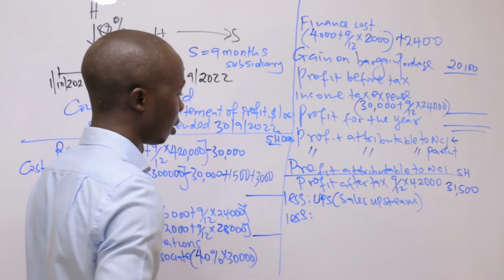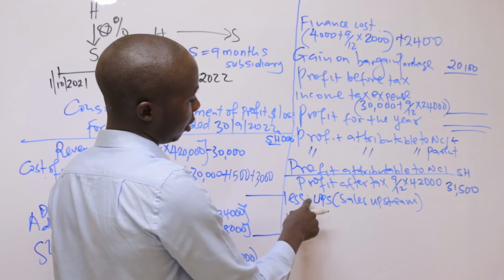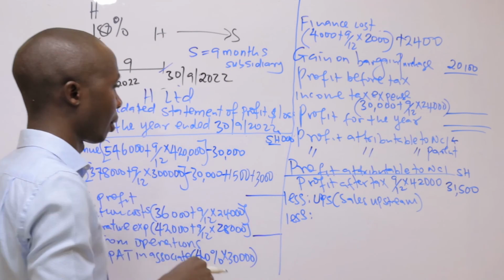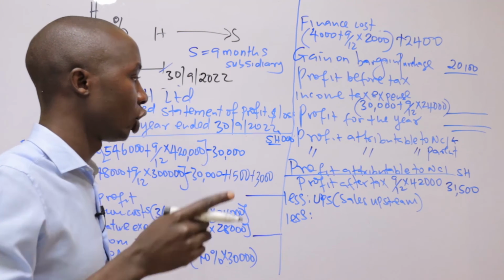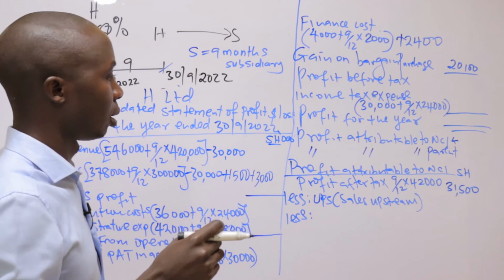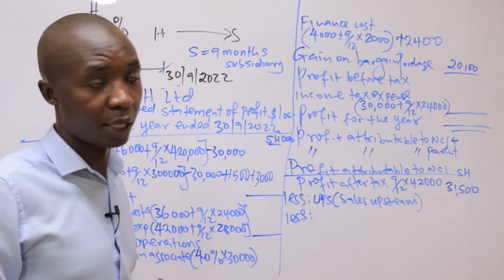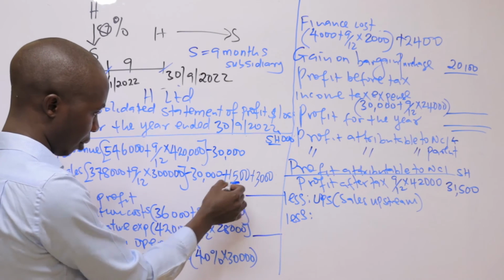If there was a sale upstream, S sold goods to H, so H never realized all the profit on the goods unsold by the end of the year. The goods were, I think, a fifth. That is why we arrived at this unrealized profit.